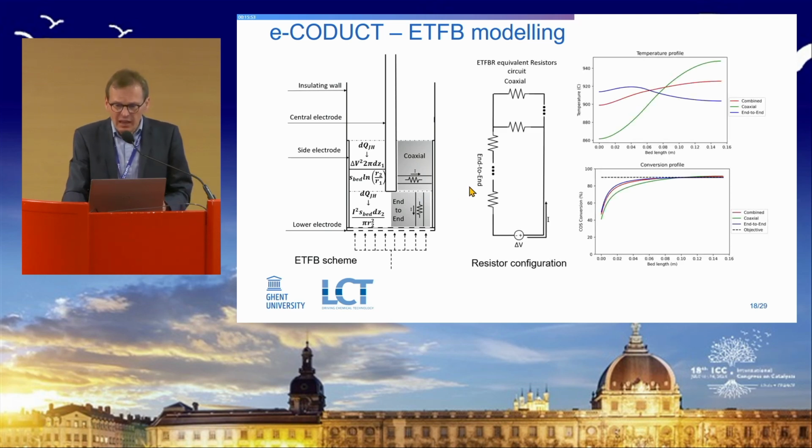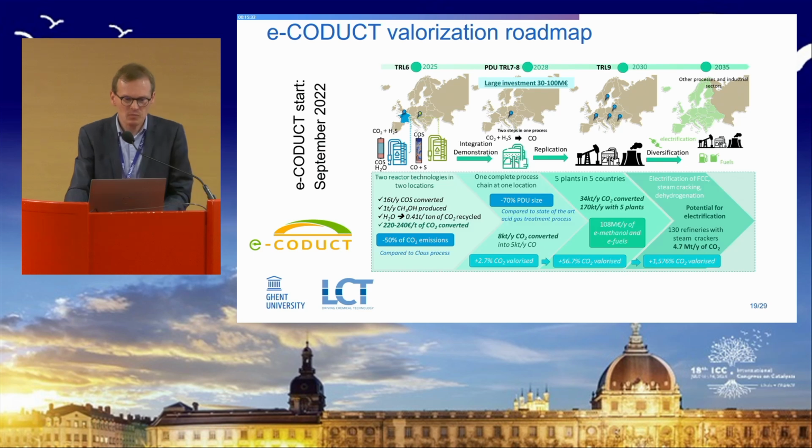And simulation results there lead to temperature profiles which look like this, and that indicate that we can expect quite a proper conversion to be obtained in the entire reactor.